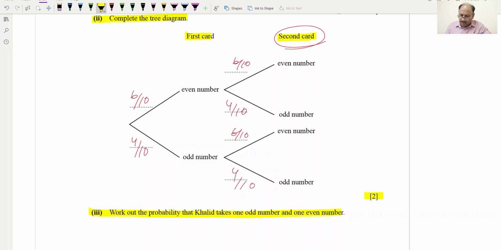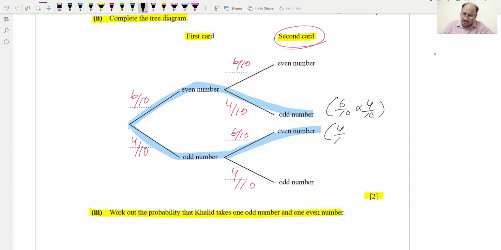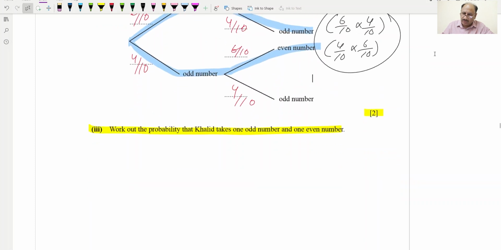After this 2-mark question, we have to work out the probability that Khalid takes one odd number and one even number. So for one odd, one even, we will have one even and one odd on this route, and the second route will be one odd and one even. So it will be 6 by 10 into 4 by 10, and 4 by 10 into 6 by 10, and we will add these two probabilities, which will be our answer.